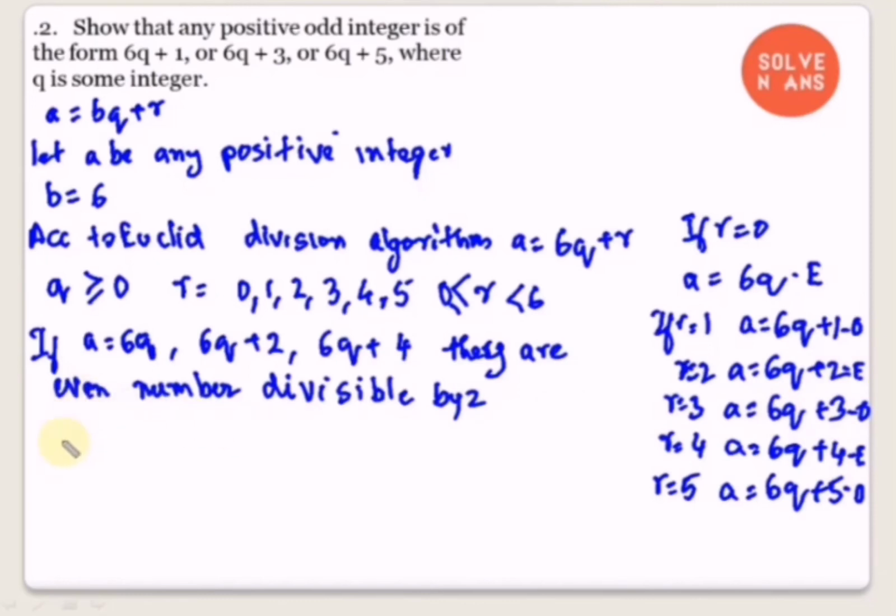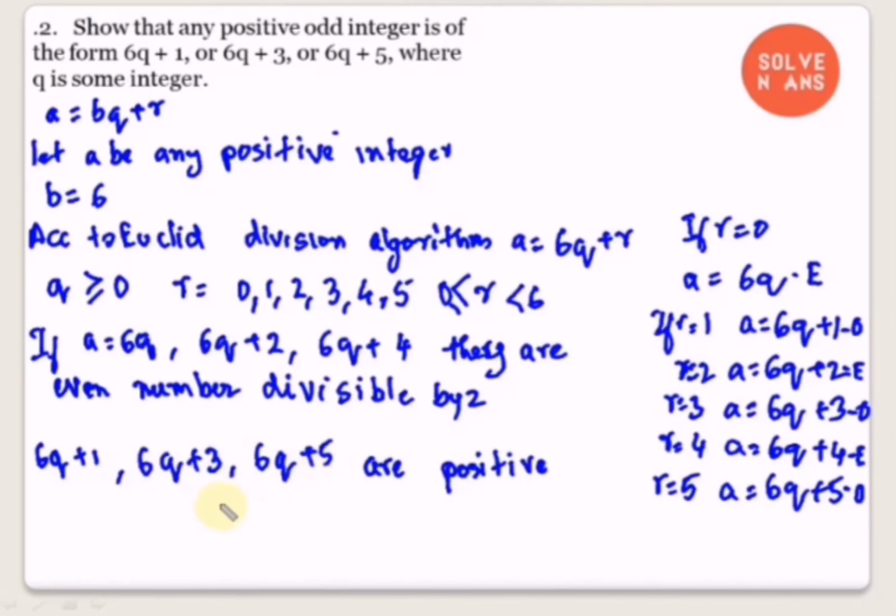Here 6q plus 1, 6q plus 3 and 6q plus 5 are positive. Yes, they are positive only because you have plus 1, plus 3 and plus 5, so they are positive odd integers. This thing you had to show, and it has been shown over here. This part you can do in the rough column, and this is the main answer which you have to write in your answer sheet.